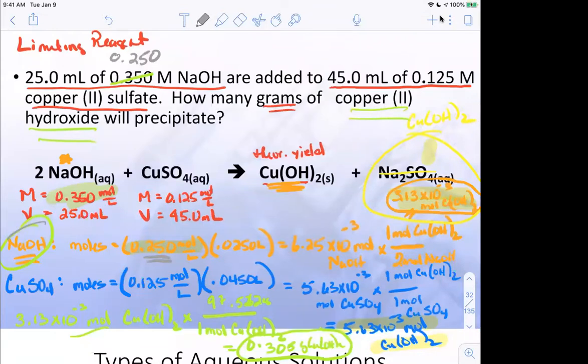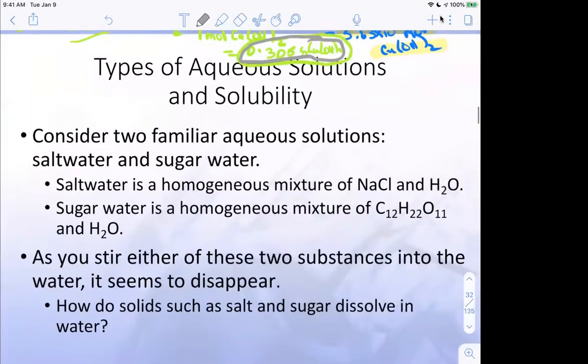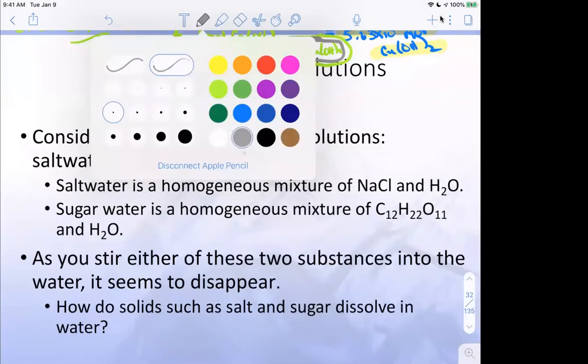I still have sodium hydroxide as the limiting reagent, and based on this being a 250, this is the theoretical yield of the copper(II) hydroxide. So I just wanted to clarify that, and kind of wondering if anybody actually noticed. In any event, let's continue on.